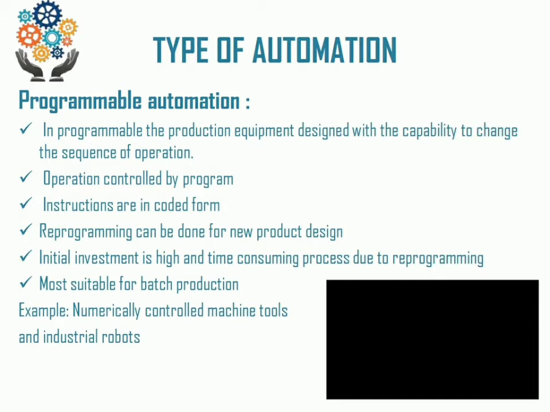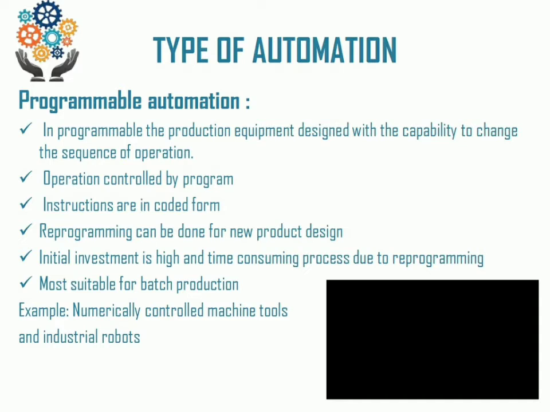The operation is controlled by programs. The complete sequence of operations is controlled by different programs. Instructions are coded, right? We need to do the programming with the help of coded instructions or coded languages, right? Then reprogramming can be done for a new product design.